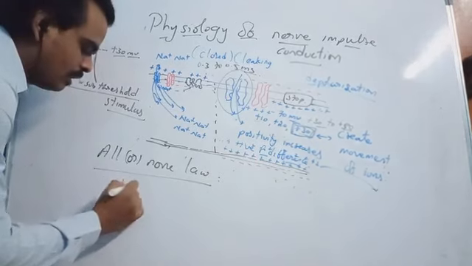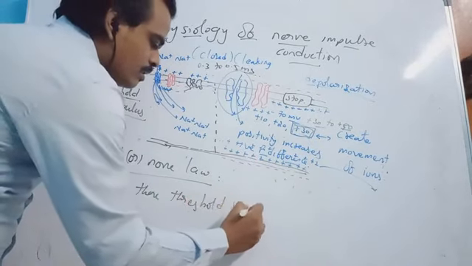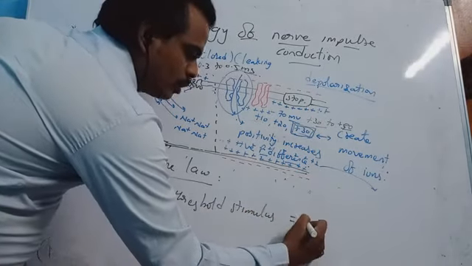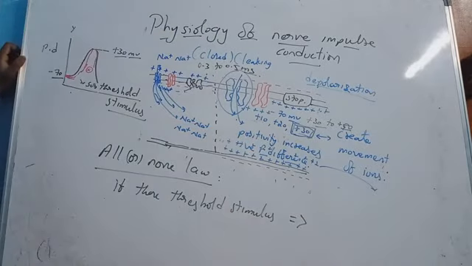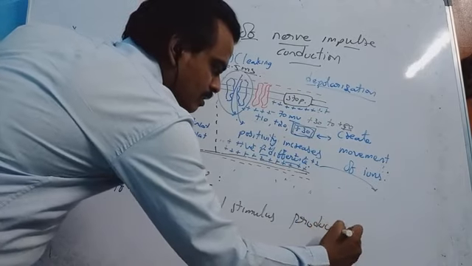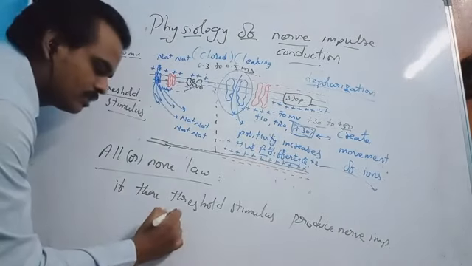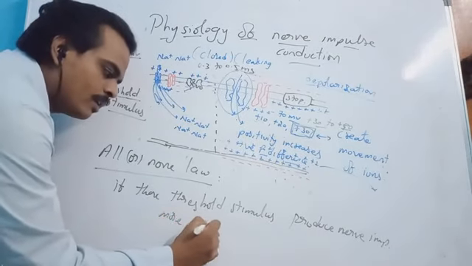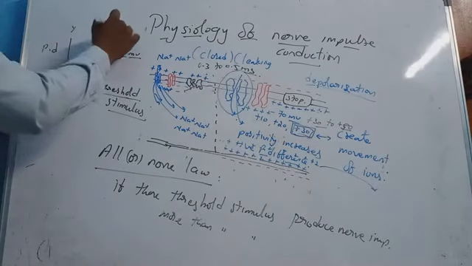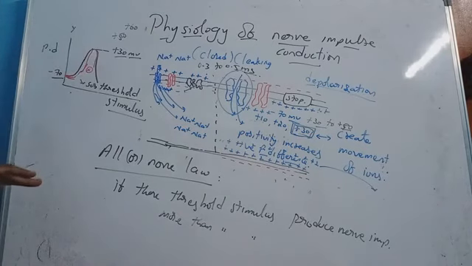That means if there is a threshold stimulus, equal to or greater than the threshold stimulus, it will produce the nerve impulse. And if there is even more than the threshold stimulus, for example if they generate plus 50 or plus 60, it will be the same.